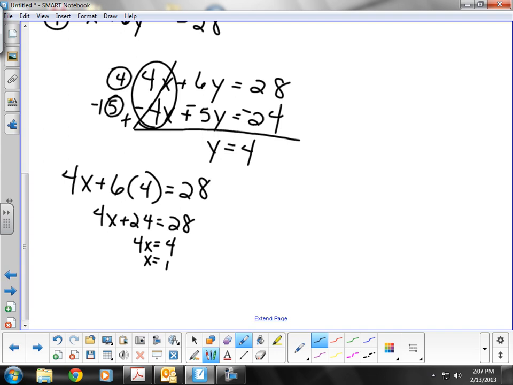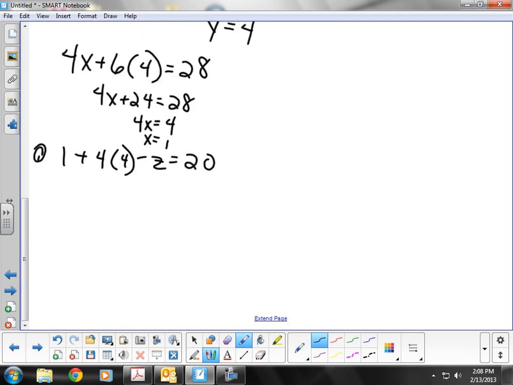So if I plug it back into 1, so x is 1 plus 4 times 4, which is what y was, minus z is equal to 20. I'm going to take it back into 1 and use 1 just because it was handy. So I've got 1 plus 16 minus z equals 20.